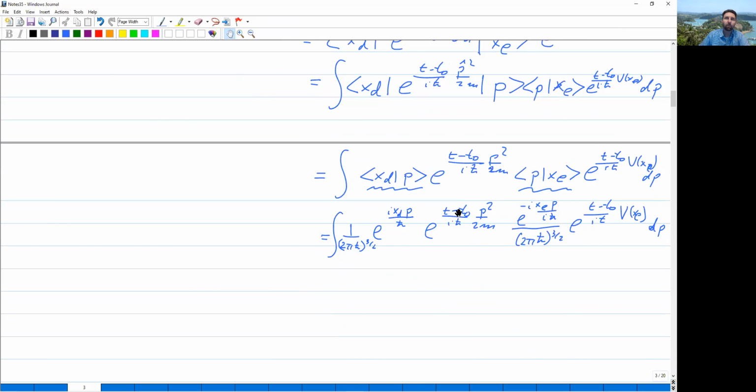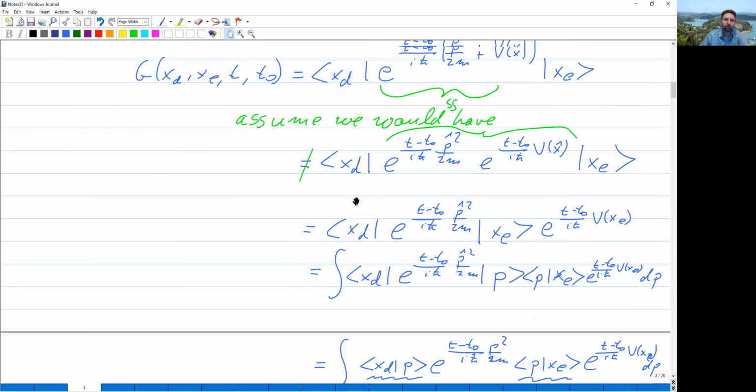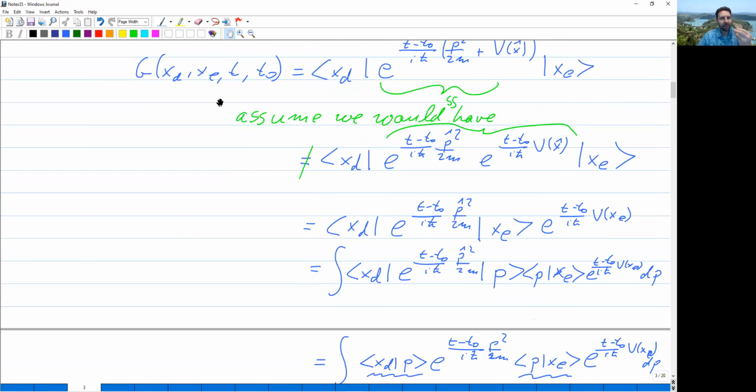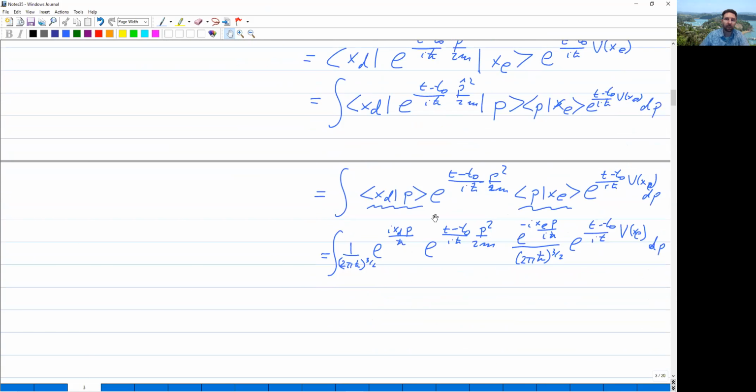And then we have to do one of these momentum integrals for each one of these little time intervals. But this can be carried out, this momentum integration. And so we get a definite answer for the Green's function for one of those tiny little time steps. And the product of all those, we can then work out. And this is how Feynman arrived at his beautiful formula for what the probability amplitude is for a path.